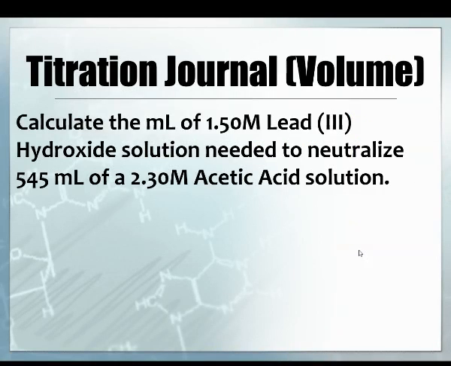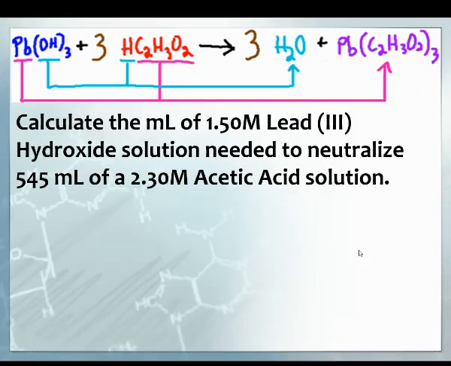Let's now take a look at a different version of the same sort of question. Now we want to calculate the milliliters of a 1.50 molar lead-3 hydroxide solution needed to neutralize the same stuff we had before. The same equation that we are going to use, and here we've got 2 different molarities. Now both of them are going to be equalities.